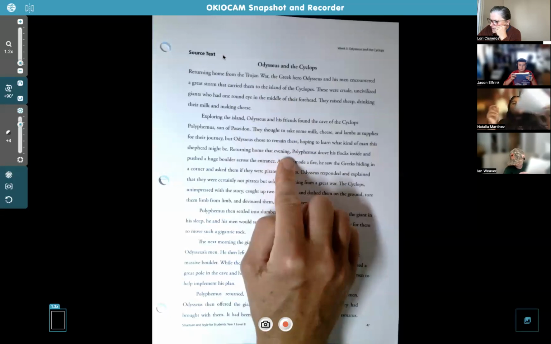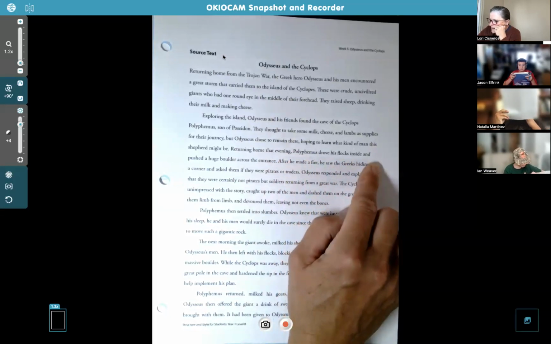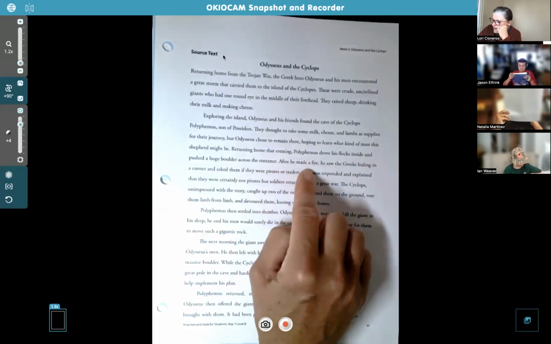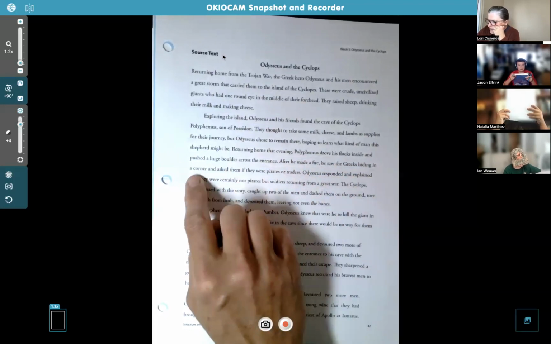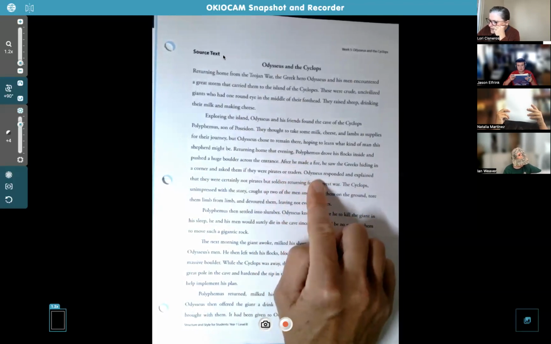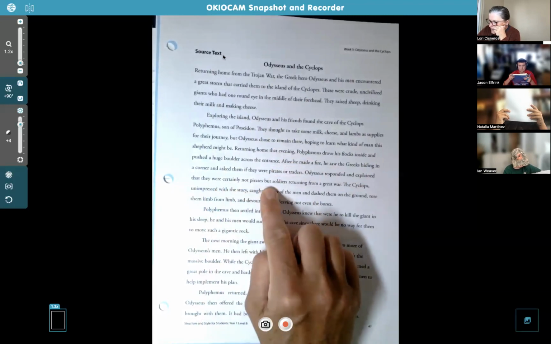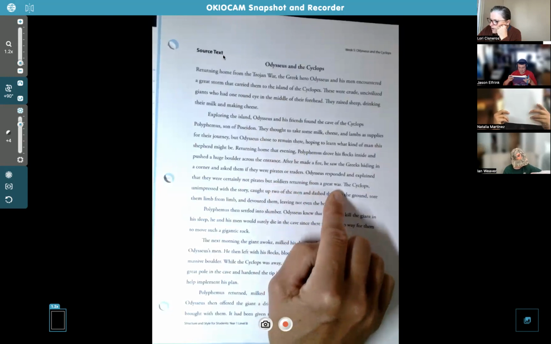Returning home that evening, Polyphemus drove his flocks inside and pushed a huge boulder across the entrance. After he made a fire, he saw the Greeks hiding in a corner and asked them if they were pirates or traders. Odysseus responded and explained that they were certainly not pirates, but soldiers returning from a great war.